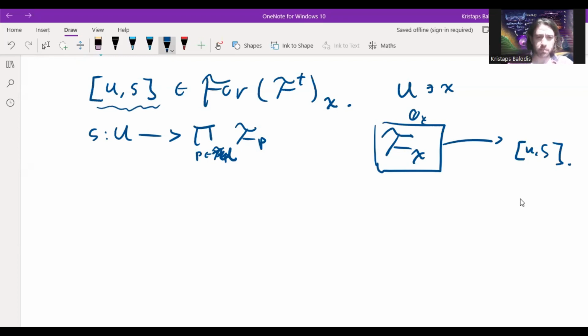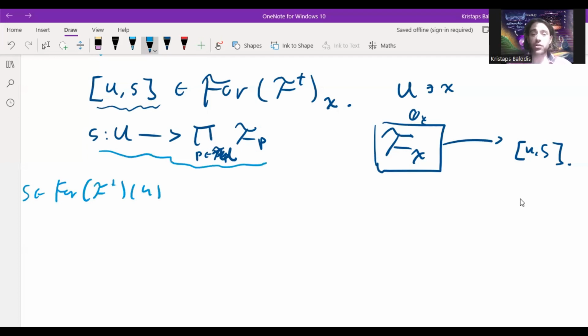Well, by definition, since s is in here, it's a function with some special properties.